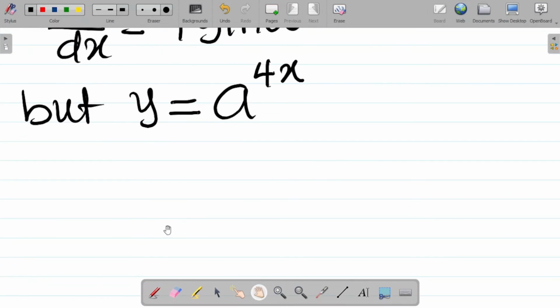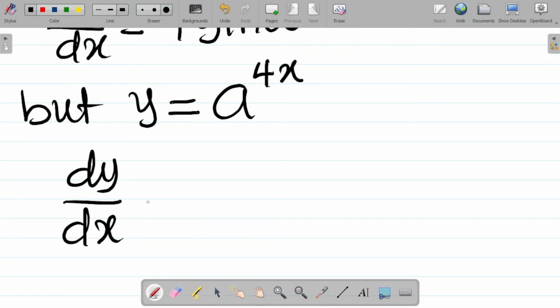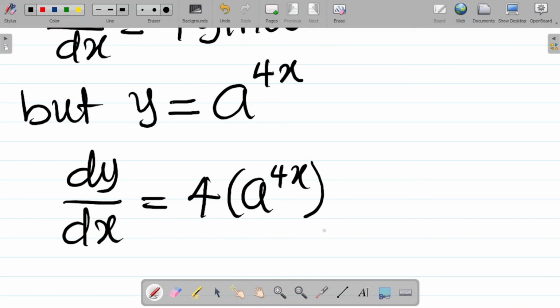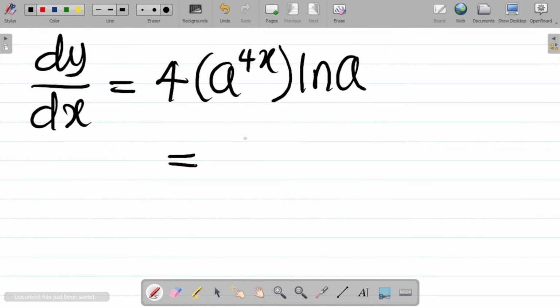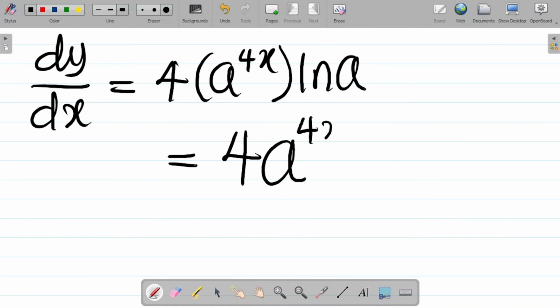This means that dy over dx is equal to, you had 4y, that becomes 4 into y, which is a to the power 4x, then you have ln a. If I remove the brackets here, this becomes 4 a to the power 4x, then I have ln a. So this is the answer.